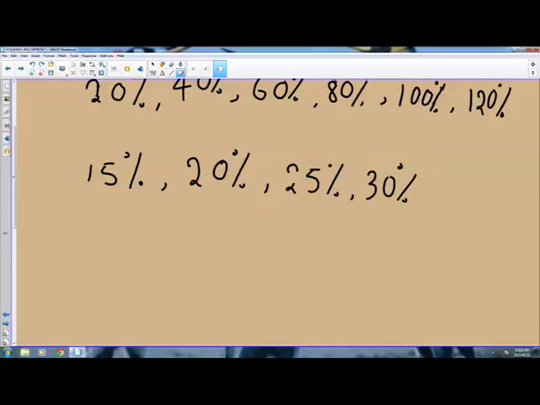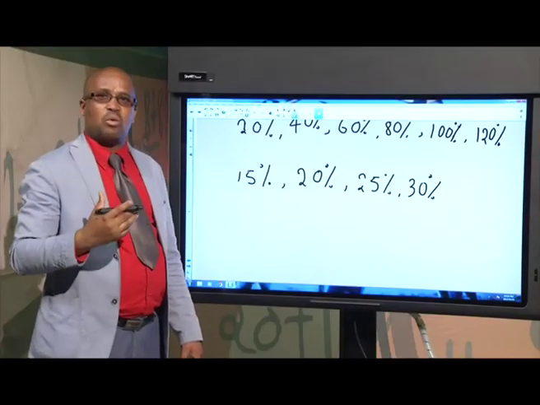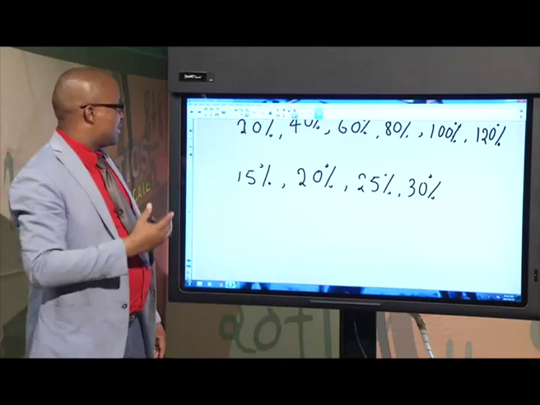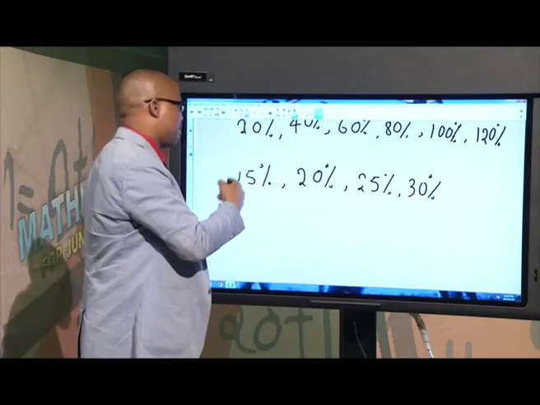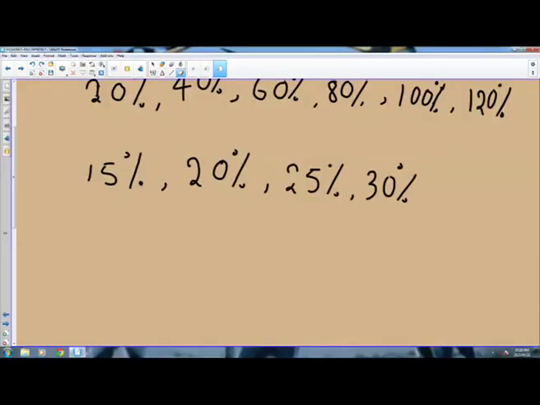Then how is this sequence being formed? It's a sequence in percentage. Now, all we can see is here, every time for you to get the next term, you add 5% to the previous. This is 25%, right? For you to get the next term within this sequence, you add 5% to the previous.